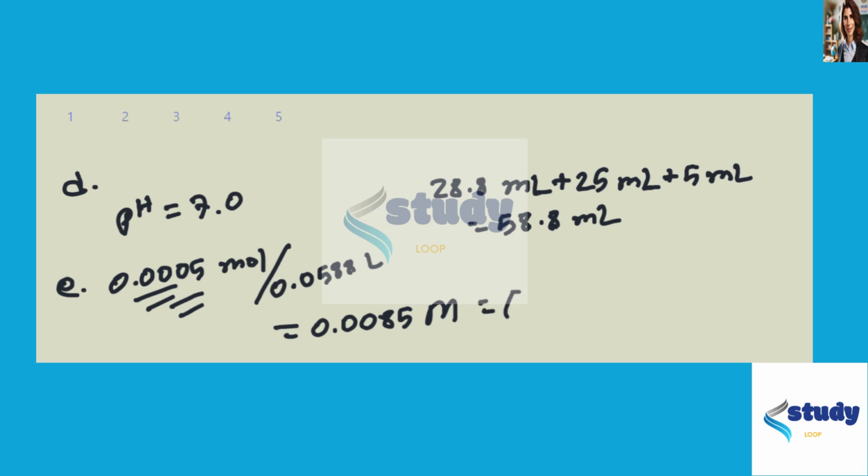So this is the concentration of HCl excess which we have added after the equivalence point reached.